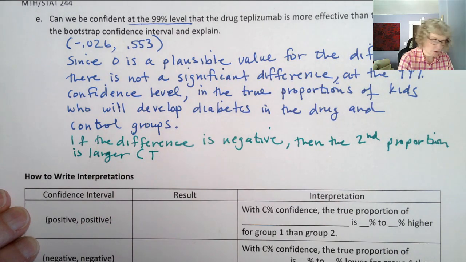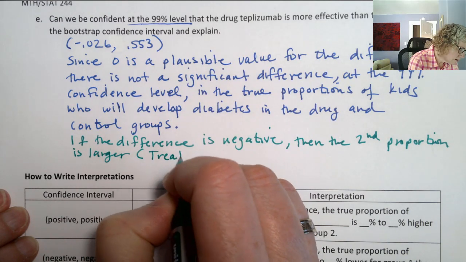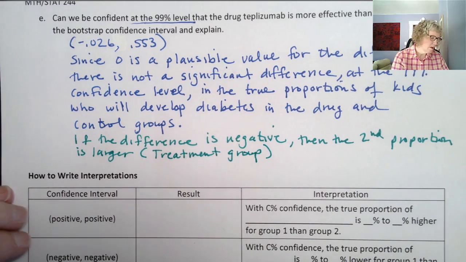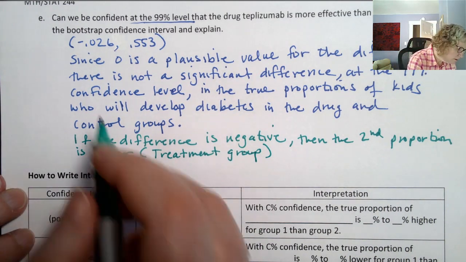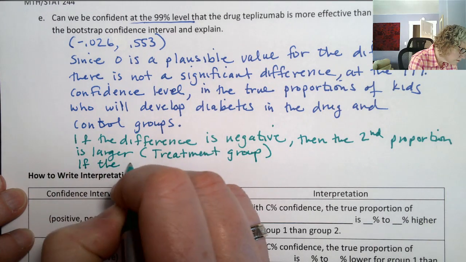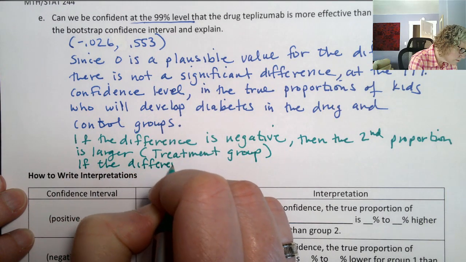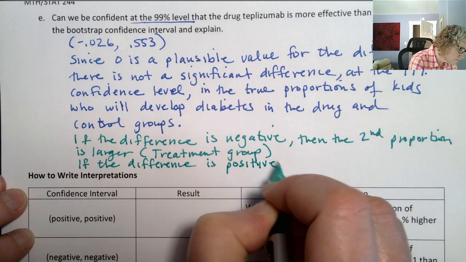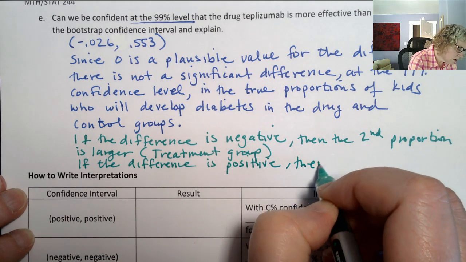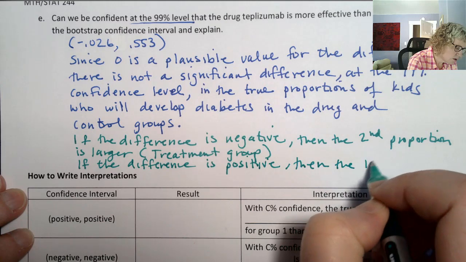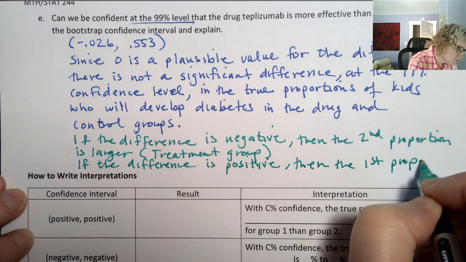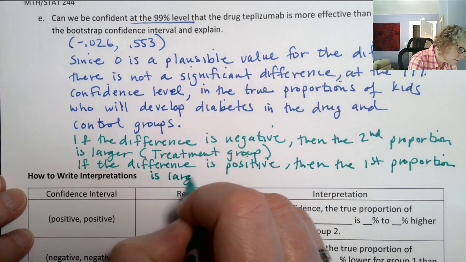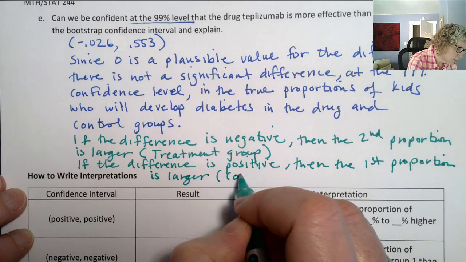The drug also started with a T. That's kind of nice. The treatment group. And then if the difference is positive, just like we were talking about before, then the first proportion is larger. And that was the control group.